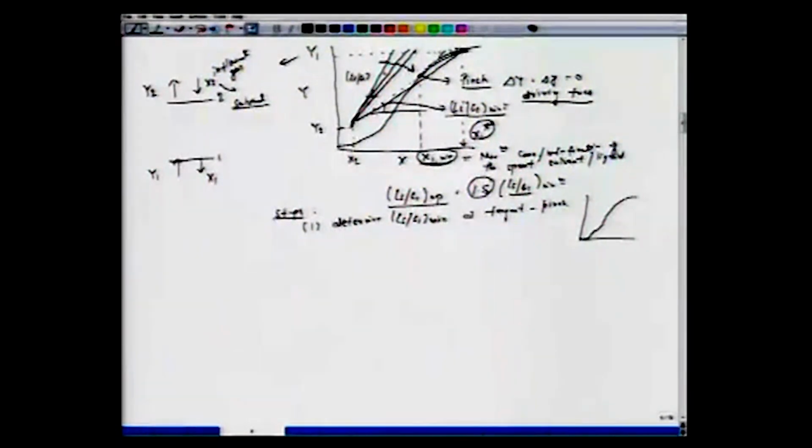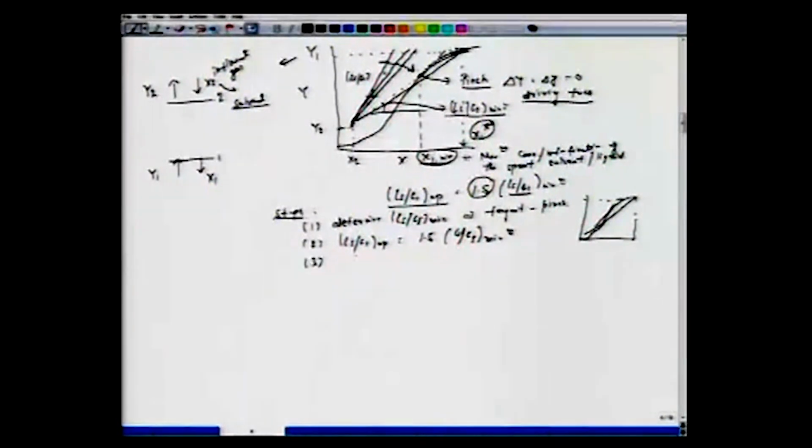In this case, somewhere here there will be a tangent. If you try to connect right from here with this point like this, that will give you a wrong result. So first get this Ls by Gs min, find the tangent point. Number two, find Ls by Gs operating equal to, for example, 1.5 times Ls by Gs min.